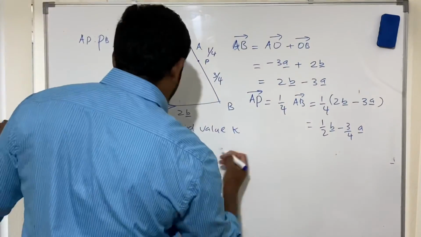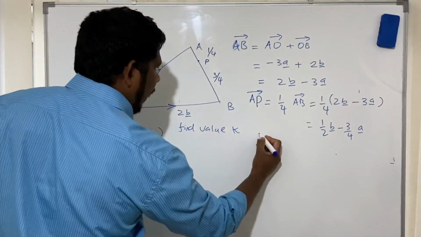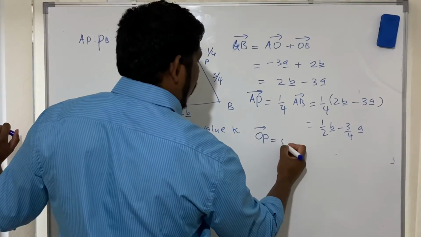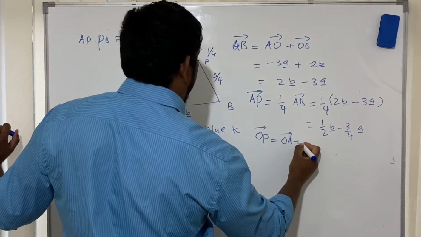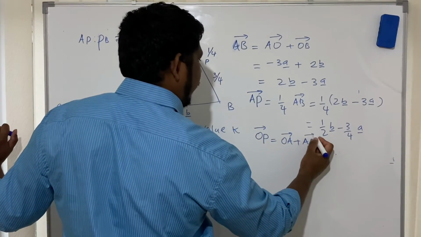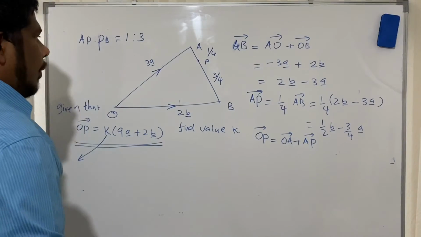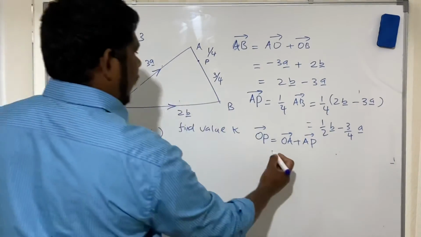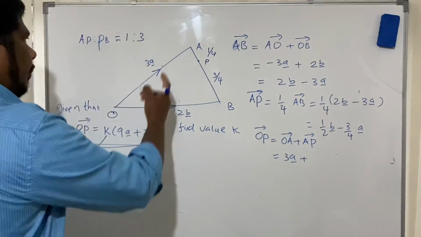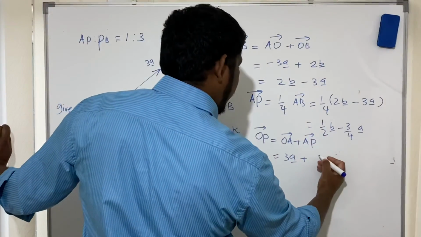So now we can find what is the vector OP. So OP is equal to OA plus AP. So vector OA is 3A plus AP is here.